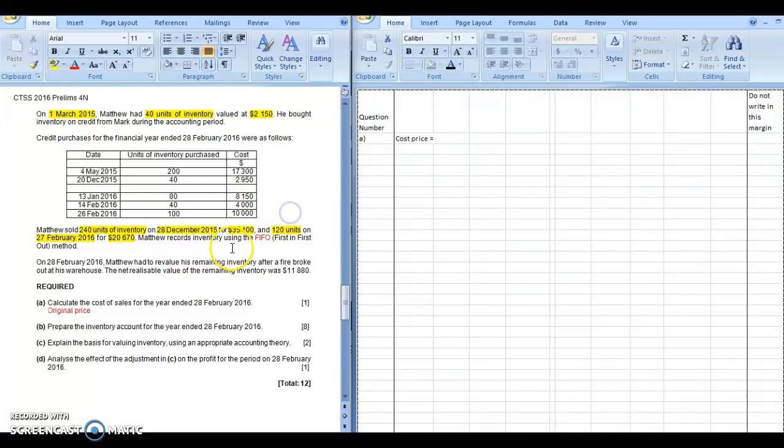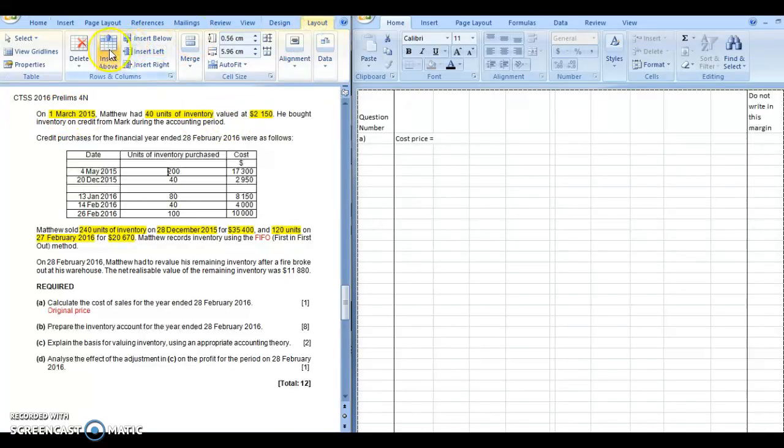first of all, you must note which were the inventories that were being sold away. In this case, the business sold 240 units and 120 units. Where do these inventory come from? If you're going to add the 200 and the 440 units here, and 80 with the 40 here, you're going to get the answer wrong, because you forgot that the business actually had beginning inventory on the 1st of March 2015.